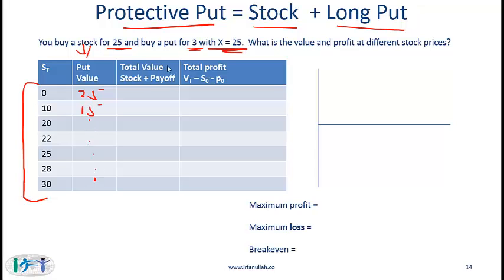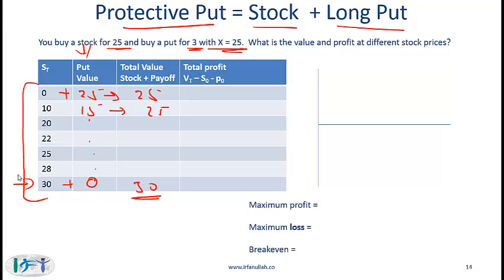The total value would be the sum of these two numbers. So here the total value is 25, here again 25, and so on. What about if the stock price goes to 30? The put is out of the money, so this is 0. The total value would be 30 plus 0, which is 30. And then the total profit is the value.